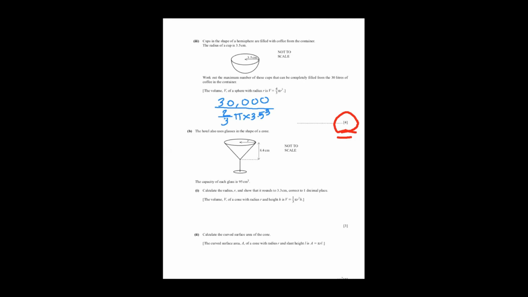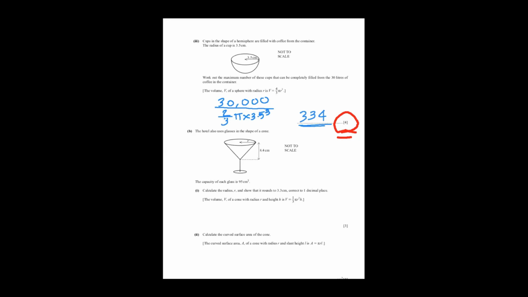So we convert this 30 liter into centimeter cube, and 30,000 divided by 2 upon 3 pi into 3.5 cube. Very good, Subair. 334 cups.